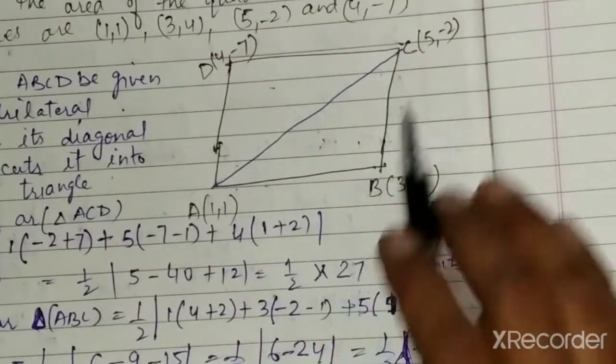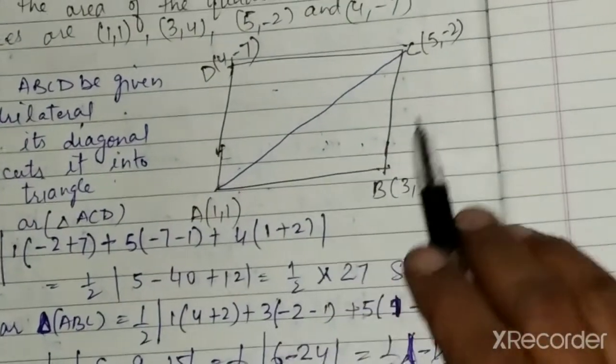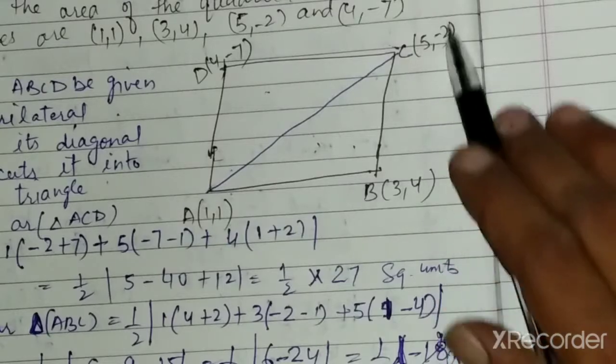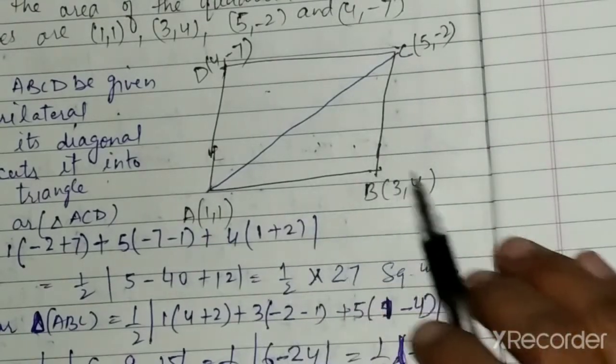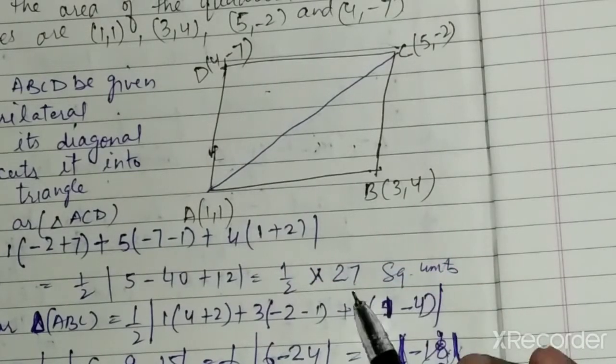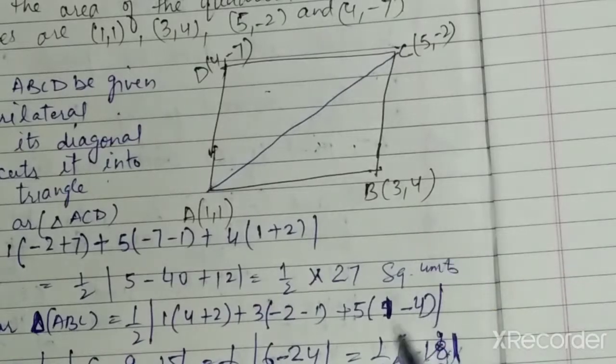Similarly we will find the area of the triangle ABC. It will be 1 by 2 mode of 1 into (4 plus 2) plus 3 into (-2 minus 1) plus 5 into (1 minus 4).